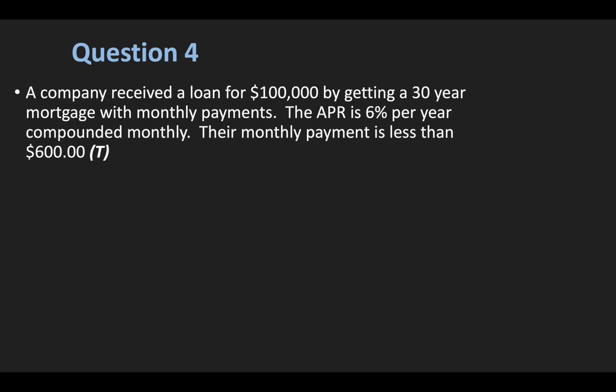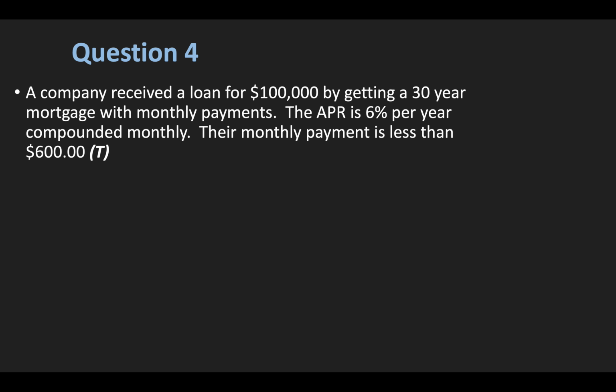And then the annual interest rate is 6%, but because it's compounded monthly, we need to use 6% divided by 12. So that's 0.5%. So basically, we now have P, which is 100,000.